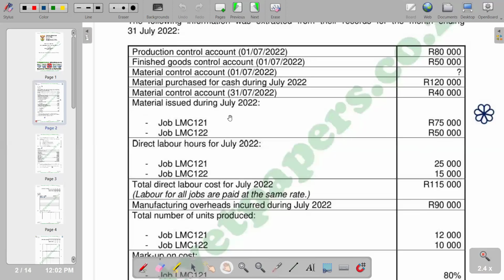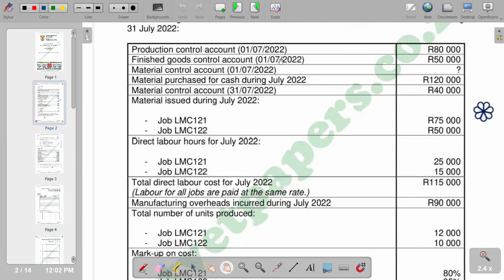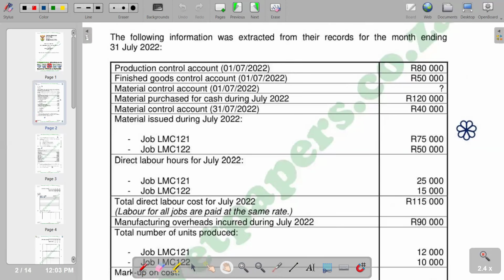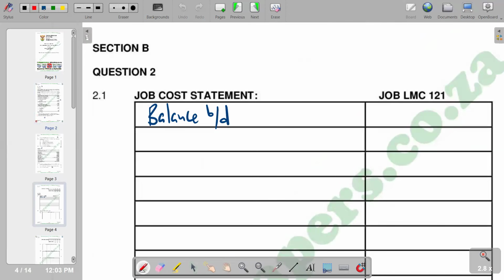The production control balance at the beginning applies to that job. At 1 July 2022, we are given it as 80,000. So that is the balance we're going to start with, and we indicate 80,000 here.